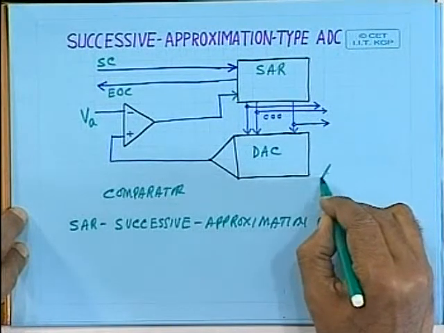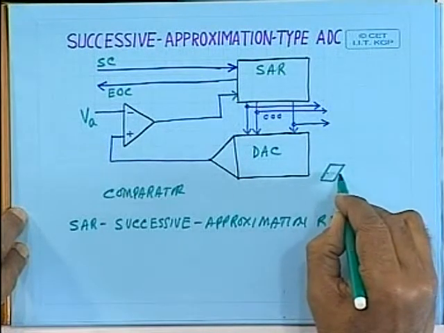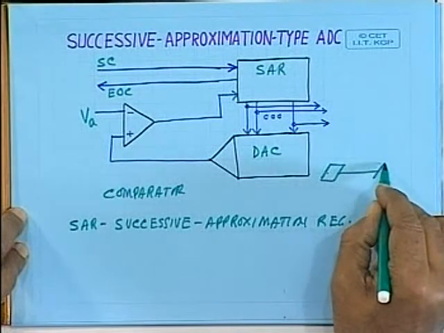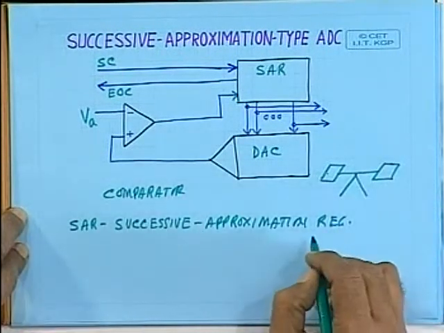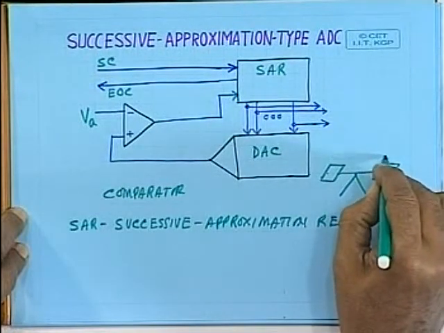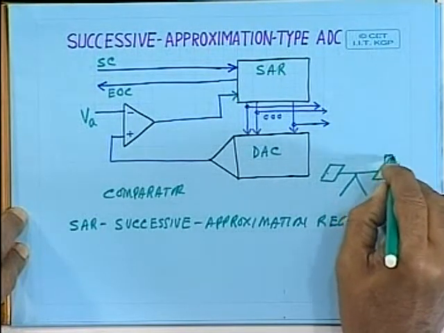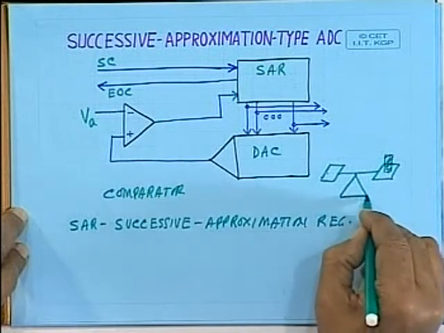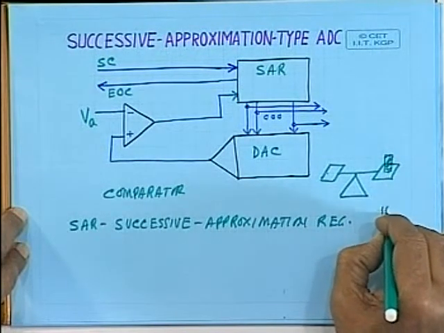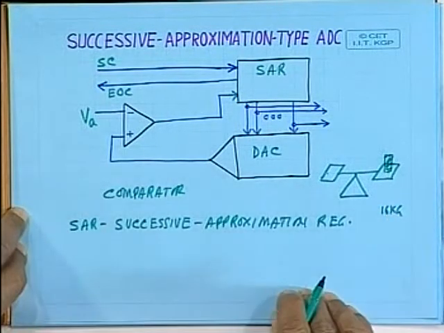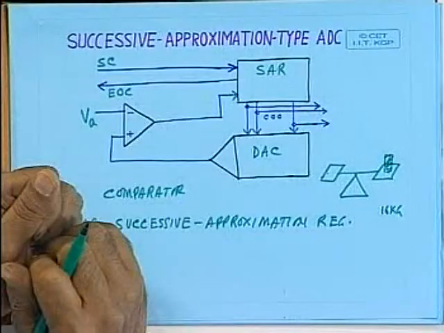Suppose this is a balance. You want to weigh something. Suppose this is the commodity that you are interested in weighing, and you know that the maximum value will not exceed, let's assume, 16 kg. So the weight can remain in the range of 0 to 16 kg.